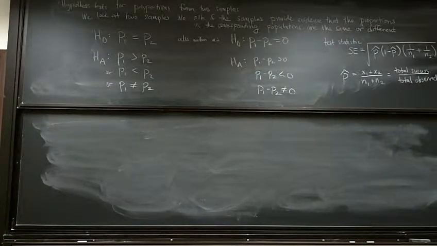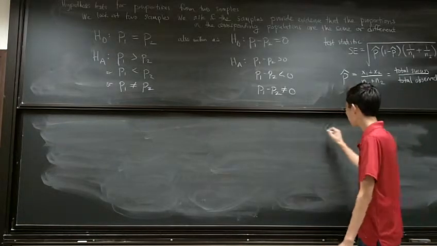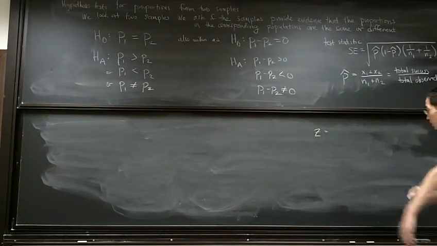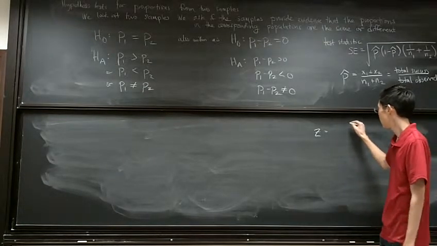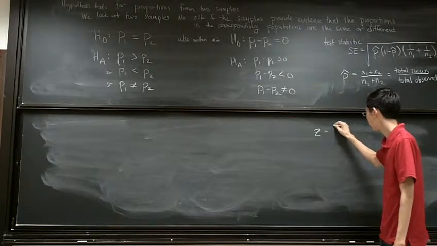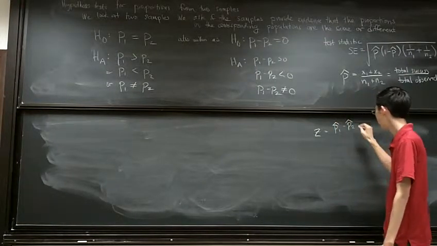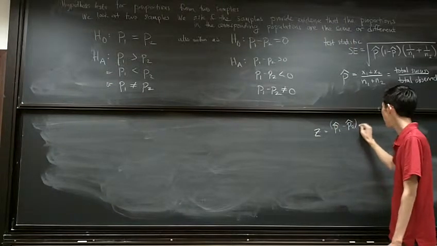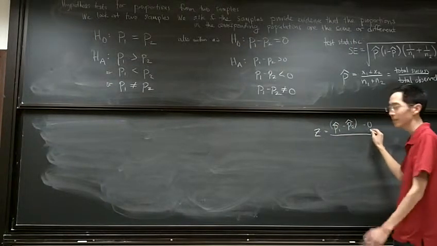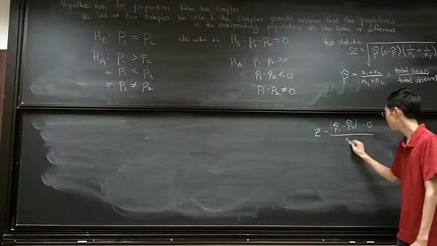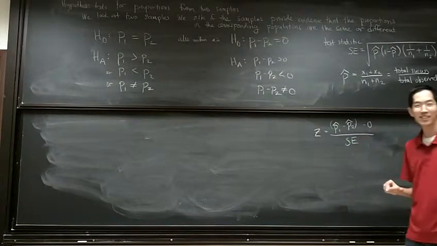So that's how we get our standard error. We will do all of this with actual numbers, and I hope it makes more sense when we do it. Once we get our standard error, we find our z-score. Our z-score is going to be p1 hat minus p2 hat, and there's technically a minus 0, but minus 0 does nothing, so we can pretty much ignore it, divided by the standard error.